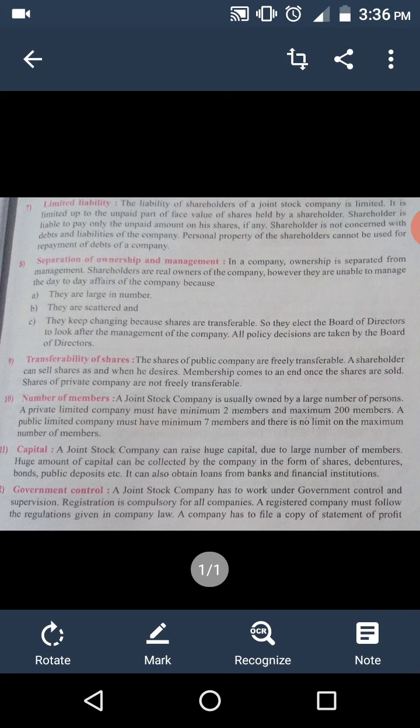Face value is rupees 100 and he pays rupees 80. So his liability is to pay the unpaid value of the face value of the share, which is rupees 20 only. So a shareholder is liable to pay only the unpaid amount on his shares.